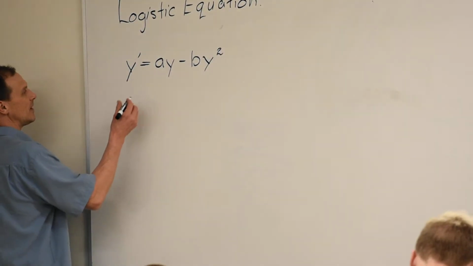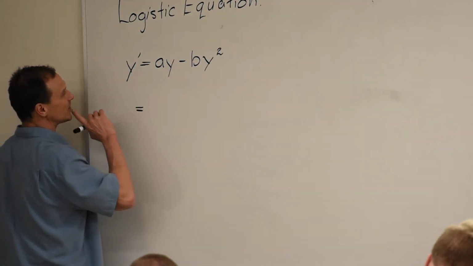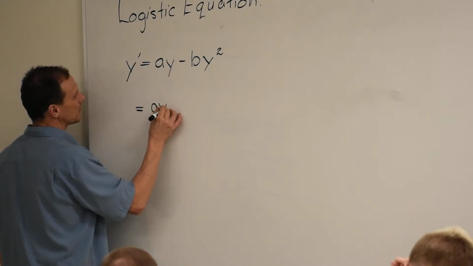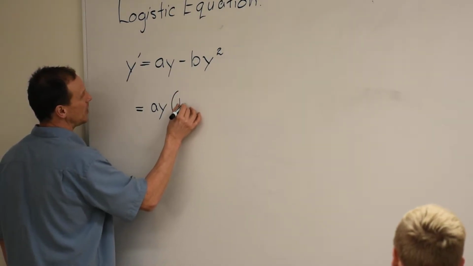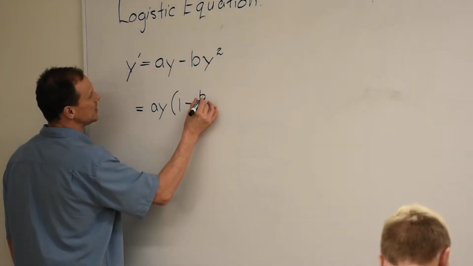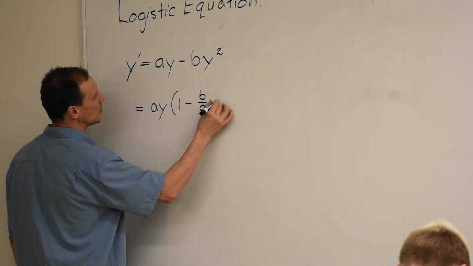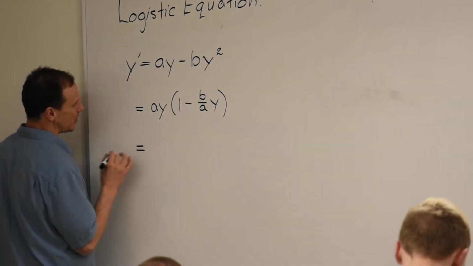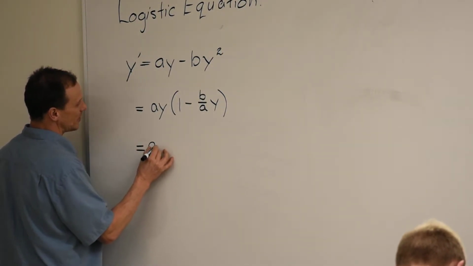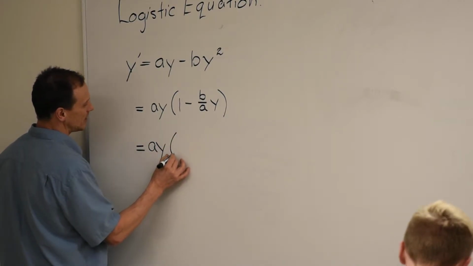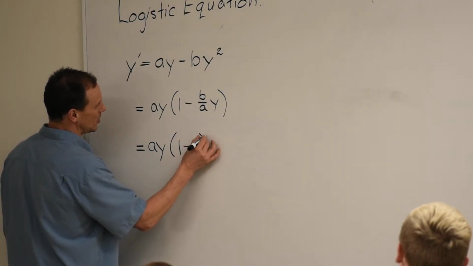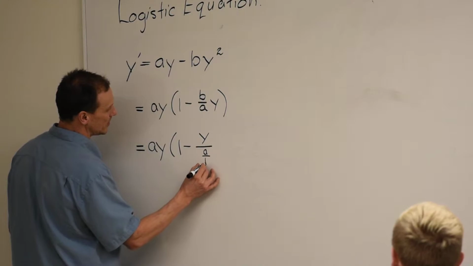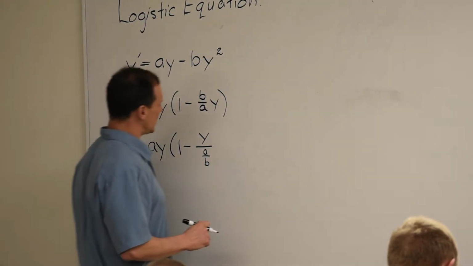Another way to look at that was if we factored out an ay, then we can write this as ay times 1 minus b over a y. And then we went one step further, and we said we can write this as ay times 1 minus y over a over b.